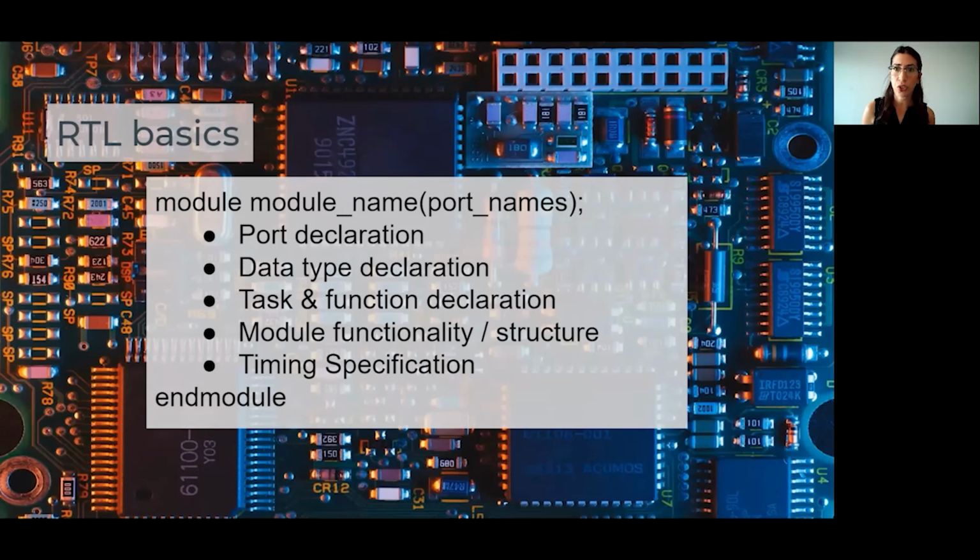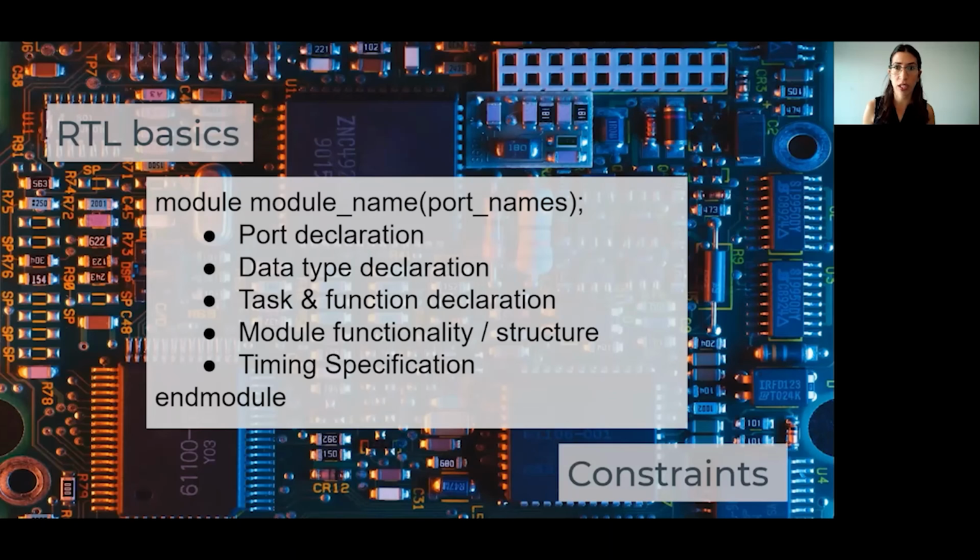In RTL, the building blocks are modules, which includes port, data type, functionality, and timing. In software source code, we saw earlier an example about issues of the syntax itself. We wanted to force a requirement on the code syntactically. In hardware design, by only reading the code, along with the given constraints of the project, such as timing and area, we can actually conclude a lot about the design.